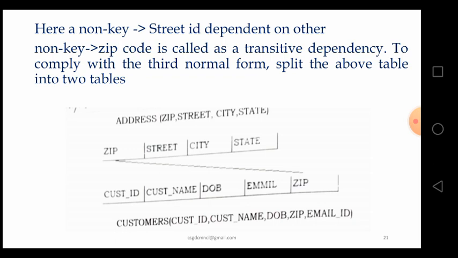Here employee ID is the candidate key. In the given table, all attributes except employee ID are non-prime.